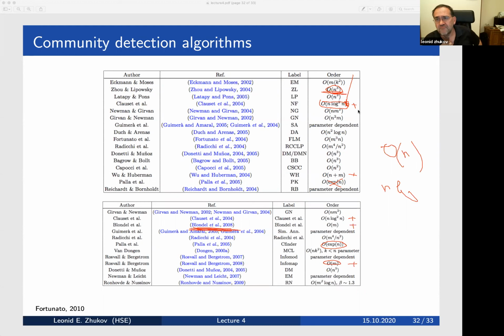Think about linguistic networks: if a node is a word, you're saying my vocabulary is 1,000 words, which is an extremely small vocabulary. But if it is an n cubed algorithm, even on that graph you cannot detect clusters. That's why the computational complexity of algorithms is extremely important.